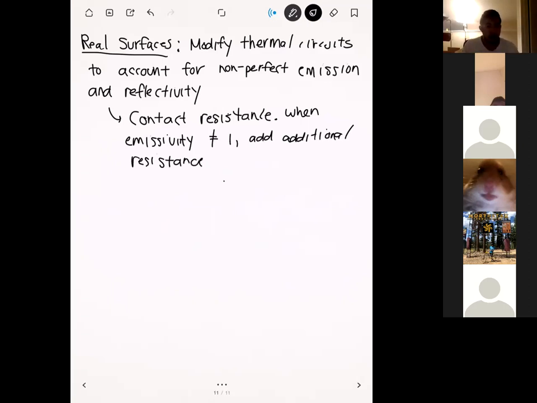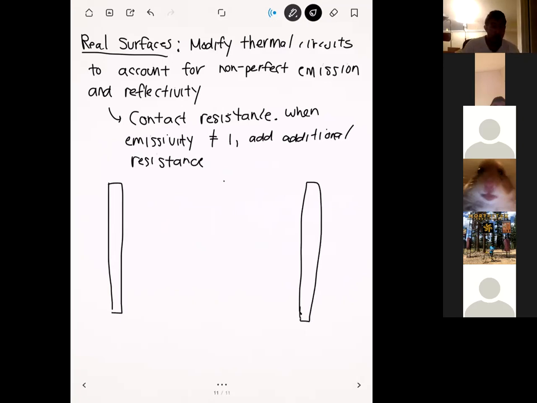All right, and so let's draw the situation. Let's define these two surfaces, and so we'll call this surface 1. We'll call this surface 2. Normally, if both of these surfaces were black bodies, the only thing that's impeding the radiation exchange between black bodies is the view factors.